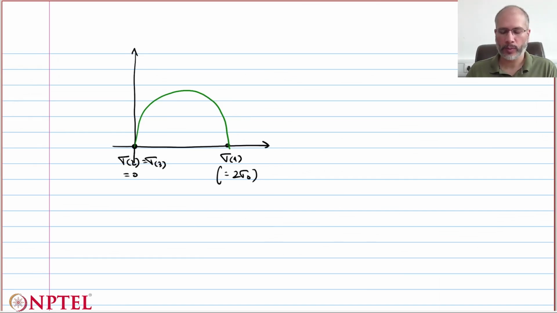Of course, I've drawn just one half of it, which is good enough. So from here I can see that my sigma n max is equal to twice sigma naught, my sigma n min is 0, and my sigma s max is sigma naught.